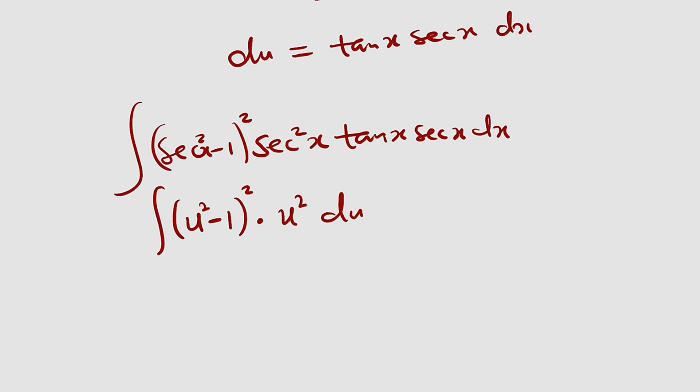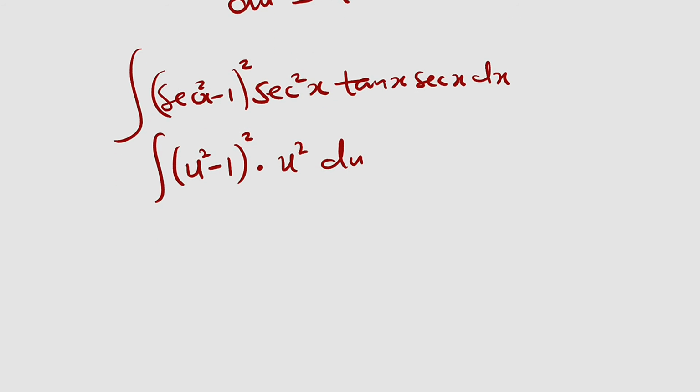Now let us expand this. If you expand this, you're going to get the first term squared, which is u to the power of 4, then minus 2 multiplied by u squared multiplied by 1, so we have 2u squared, then plus 1 squared. The whole of this is multiplied by u squared du.